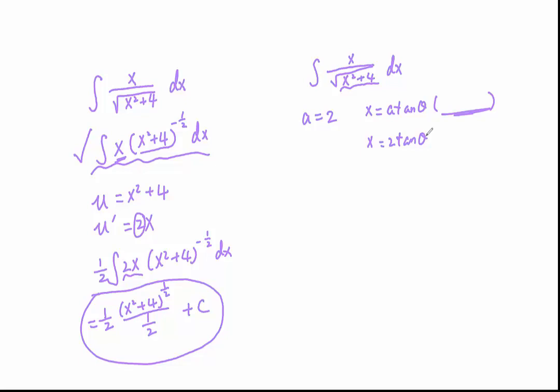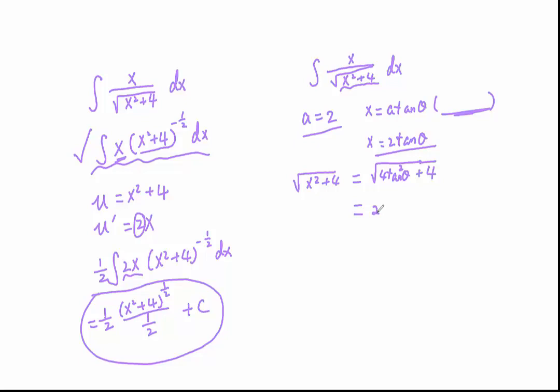Now I substitute a and tangent theta back into the expression we have, which is x squared plus 4. Now it becomes trig. So that's going to be 4 tangent squared theta plus 2 squared, which is 4. After this, I can simplify and factor out the 4. That's going to be 2 after the square root.